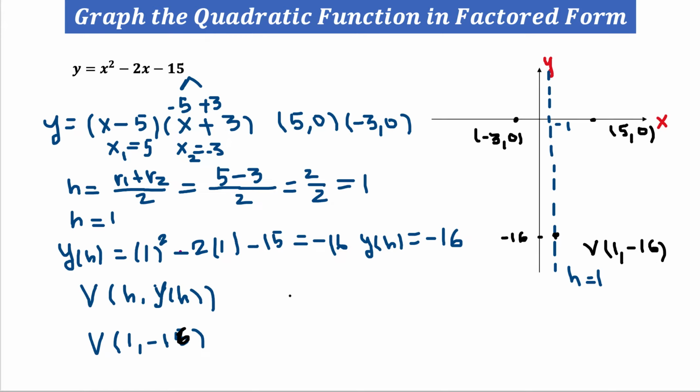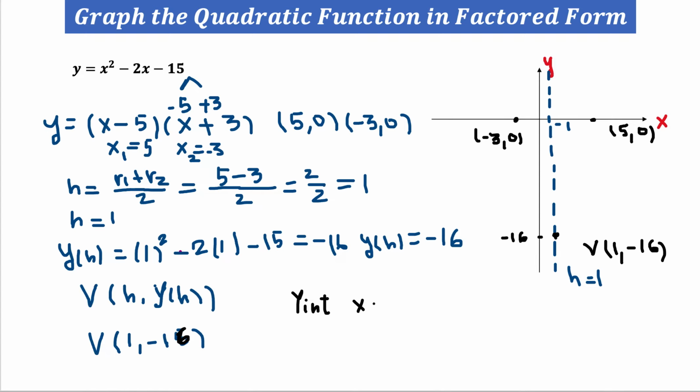But now we want to find the y-intercept. If we are looking from the perspective of the standard form of the quadratic equation, we already know the y-intercept is equal to c, which is minus 15. But because we are in factor form, let's try how we can find the y-intercept in factor form.